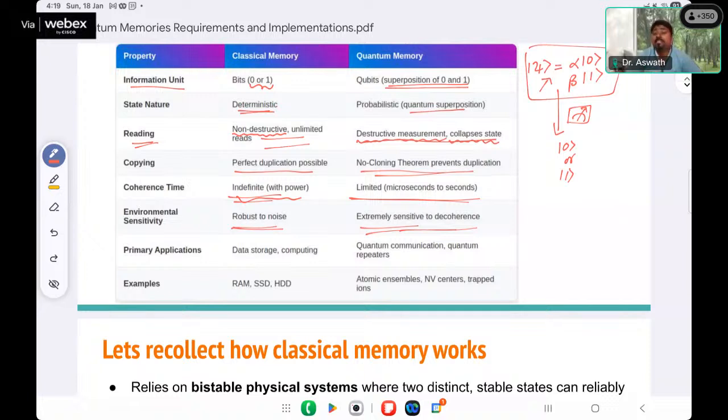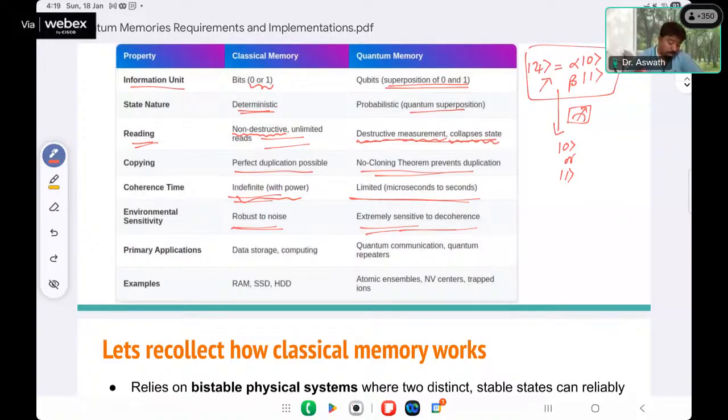That is where cryogenics comes into play in quantum computers. There are also qubits realized at room temperature, for example photonic qubits. They can work at room temperature and are much more robust to the external environment.